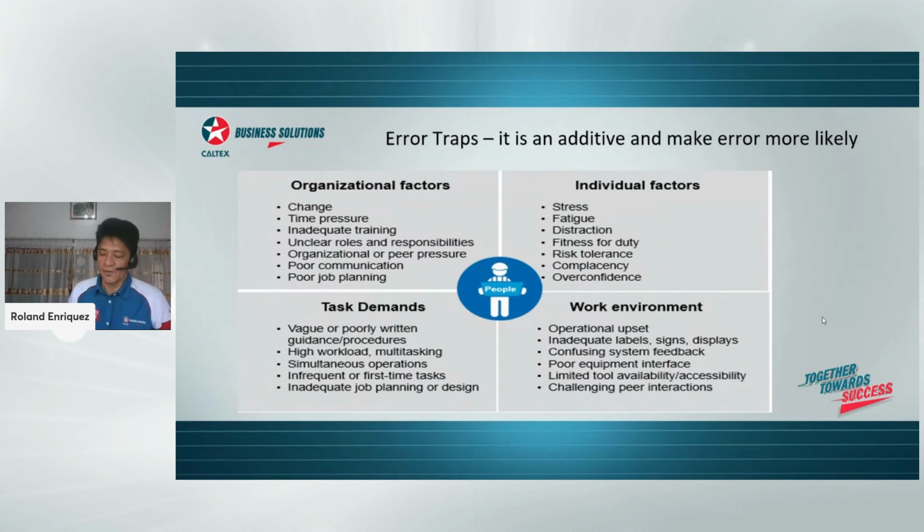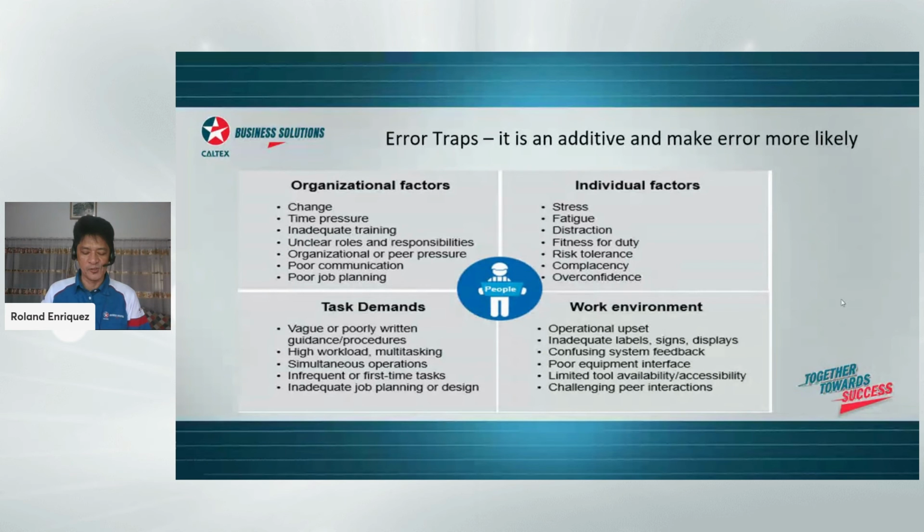All right. Now, this slide refers to an error trap. So what is it? Well, error traps are more about the things that make error more likely. What I'm saying is, as human beings, we have the ability to commit mistakes. You throw in some additional organizational factors, individual factors, task demands, then you have the chance to make the error more likely.